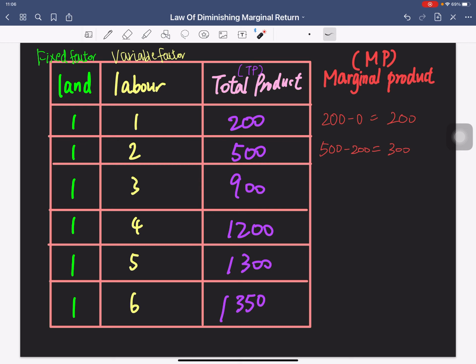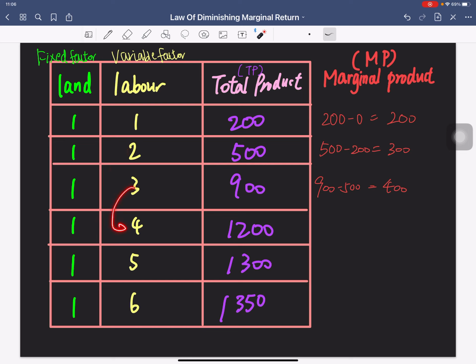When the variable factor, our labor, increases from 2 units to 3 units, this 1 additional unit of labor is going to help us gain 900 minus 500, which is 400. So from 2 to 3, the total product increased from 500 to 900. We know that this 400 is gained because we get this 1 extra unit of labor.